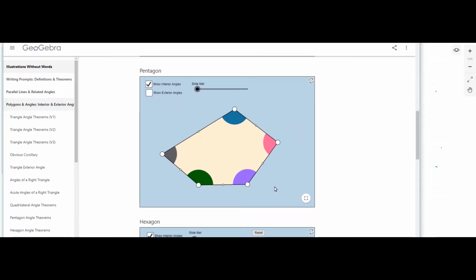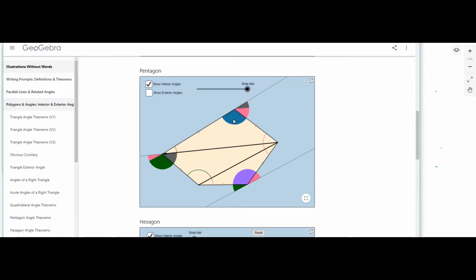All right, let's talk about the pentagon. Okay, so I'm going to begin the slider. We've added up 1 and ended up with a triangle. That means that that portion of my interior angles, that colored portion, is 180 degrees. I'm going to do it again. And that's a second triangle with 180 degrees.